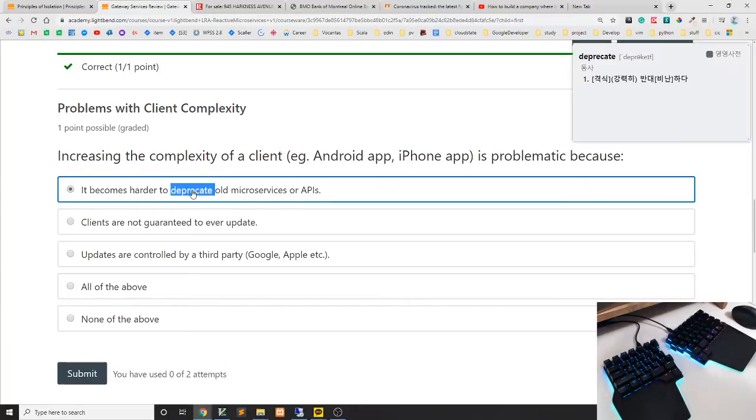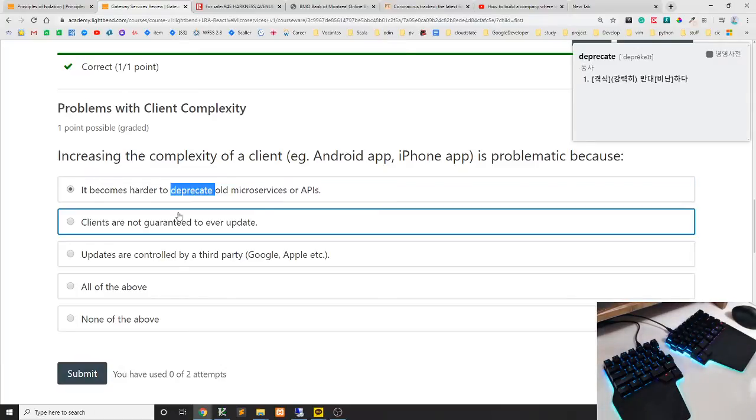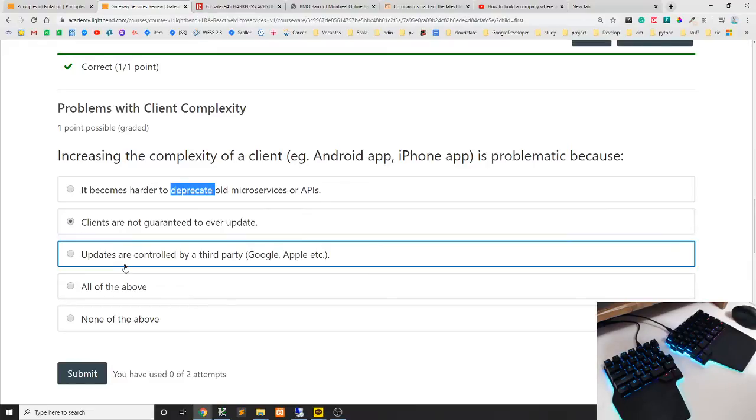Deprecate means that... no, it doesn't necessarily have to use the newest version of the API as far as it works. Clients are not guaranteed to ever update. Updates are controlled by a third party.